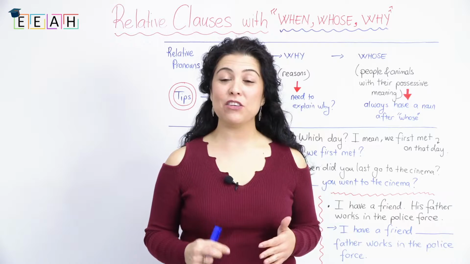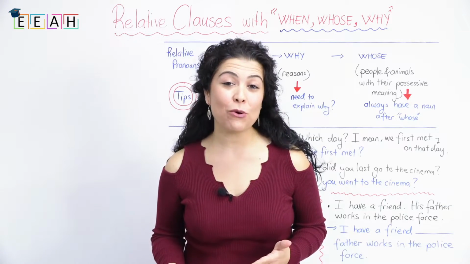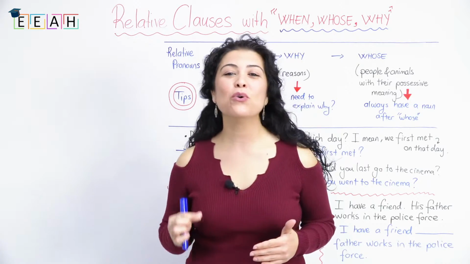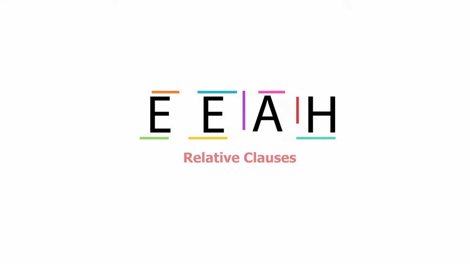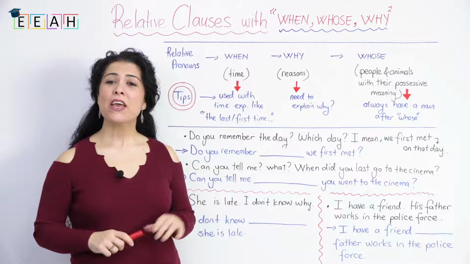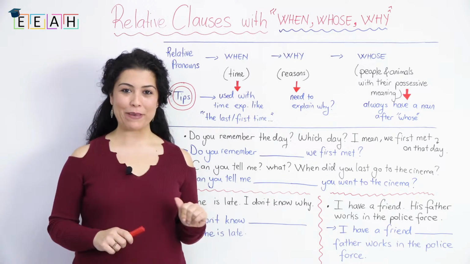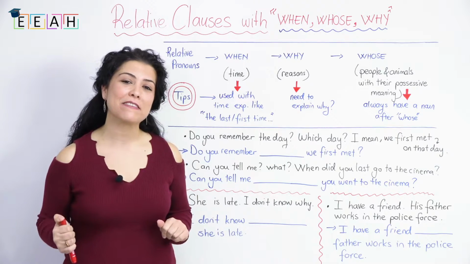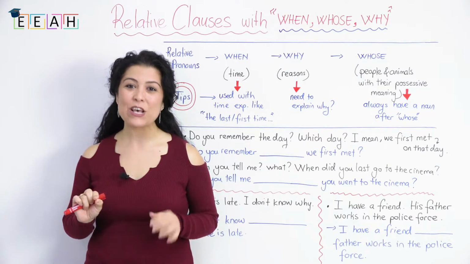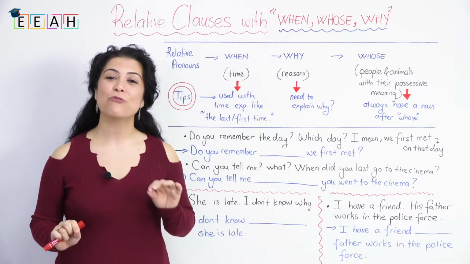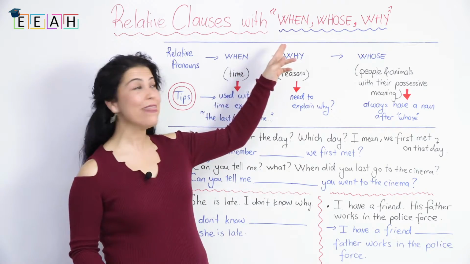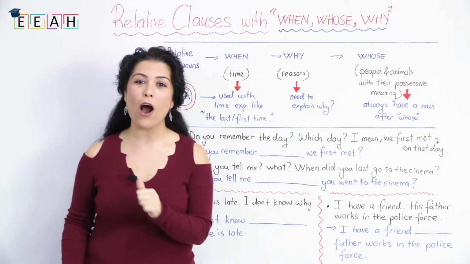Today, I'm gonna teach you how to form relative clauses with when, whose, and why. Relative clauses. We started studying this topic in our previous lessons. Today's focus will be on how to use the relative pronouns when, whose, and why.